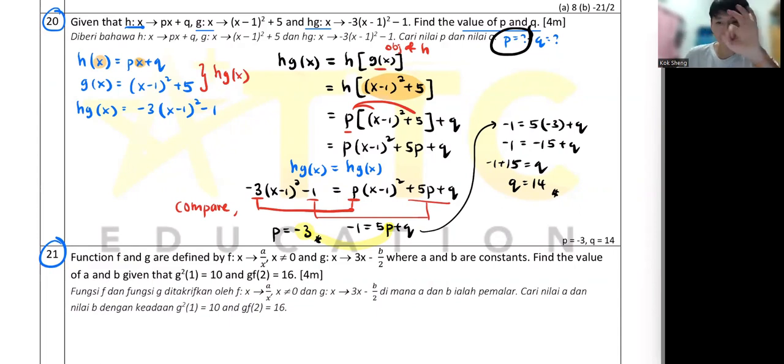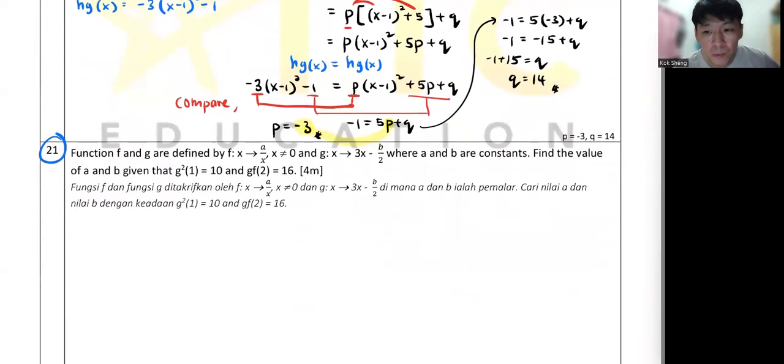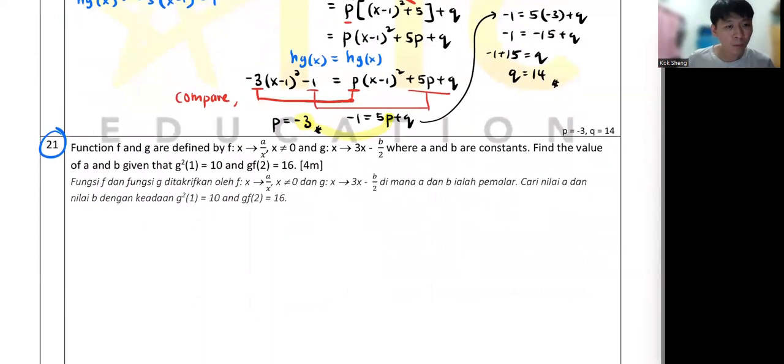Okay, so far so good. Again, if you have any question, you can let me know. Which part that you don't understand, you can let me know. So let's go to 21. 4 marks, okay.